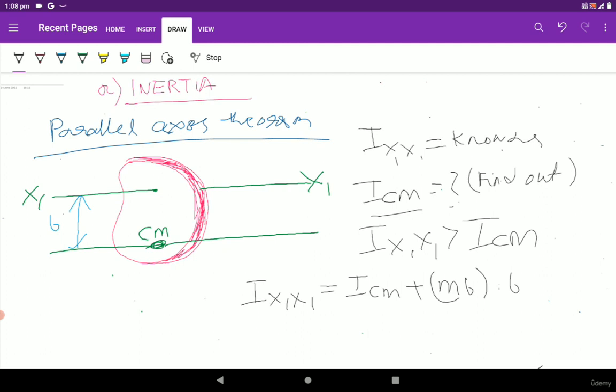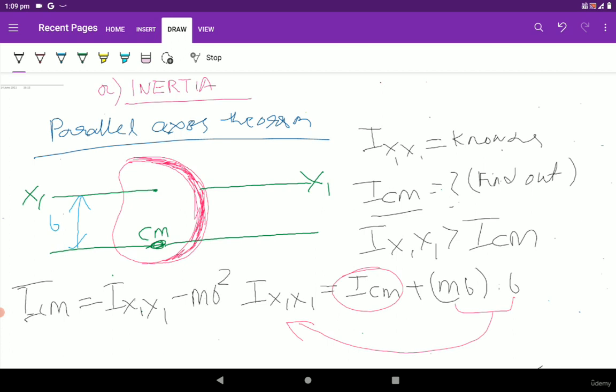We need to find out ICM, so we bring this term to the left-hand side and get the expression ICM = Ix1 minus m b squared. So this is our expression for this case.